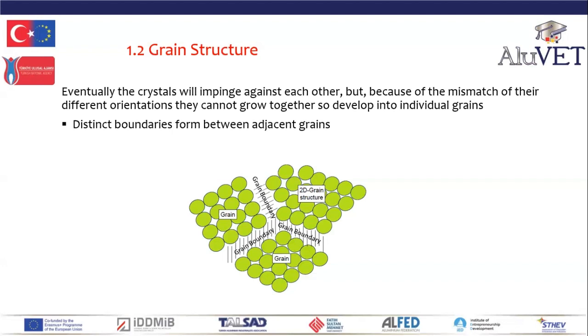There is a mismatch between the boundaries as the gaps are too great for the electron cloud to form across. So the crystals develop into individual grains surrounded by boundaries. And there are distinct boundaries between all of the adjacent grains. Boundaries are an area of mismatch across which the metallic bond cannot form.